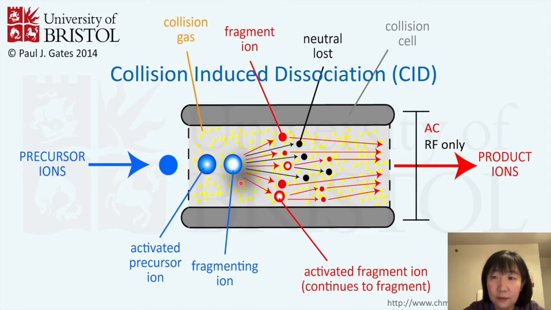Some of the kinetic energy is converted into internal energy of the precursor ion. The precursor ion undergoes repeated collisions with the collision gas, building up potential energy in the molecule until eventually the fragmentation threshold is reached and the precursor ion fragments into product ions.